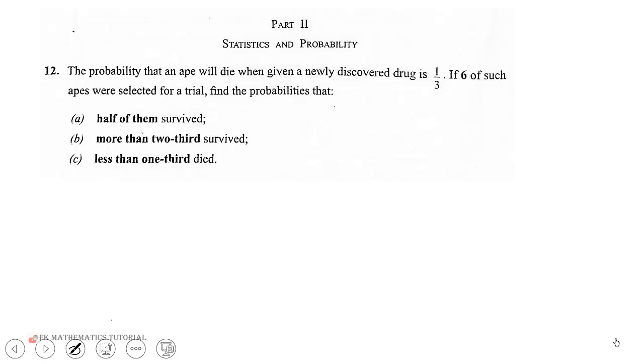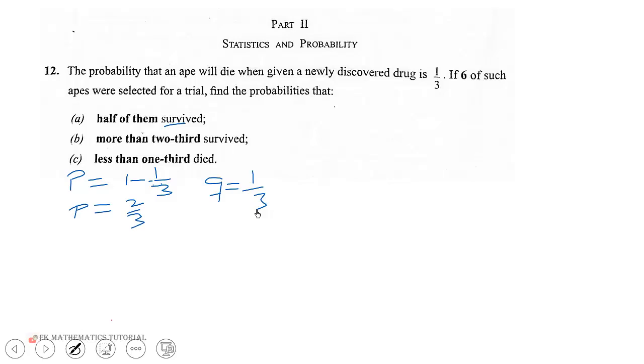So the probability that it will survive will be p. p is equal to 1 minus 1 over 3, which is equal to 2 over 3. So that is in favor that it will survive, that is our p, small p. Now the q will be 1 over 3. That will be not in favor.